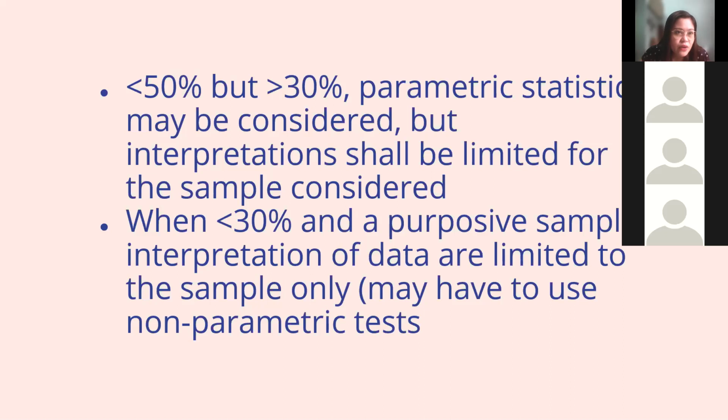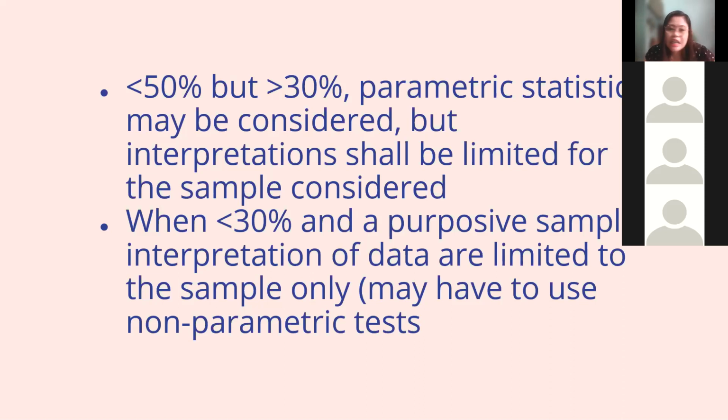Pag ing-ani inyong response rate, less than 50 pero more than 30, so pwede na ta mo gamit og parametric test in analyzing our data, pero ang interpretation is for the sample only. We cannot really generalize it for the whole population. Now, if less than 30% ang atong sample size tapos purposive sampling pa gyud ang gigamit, dili siya probability sampling, walay randomization.